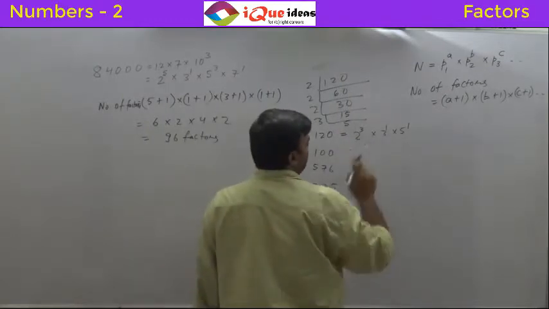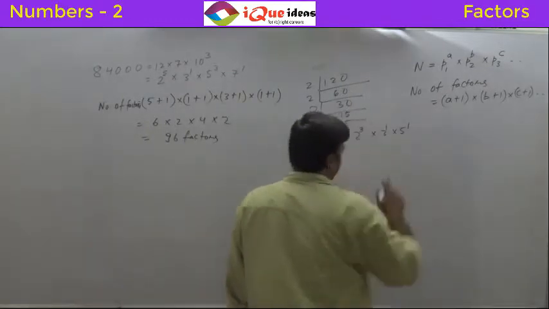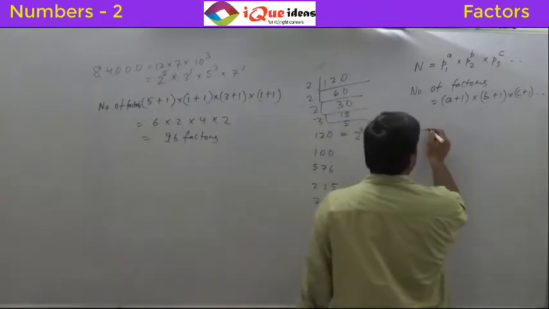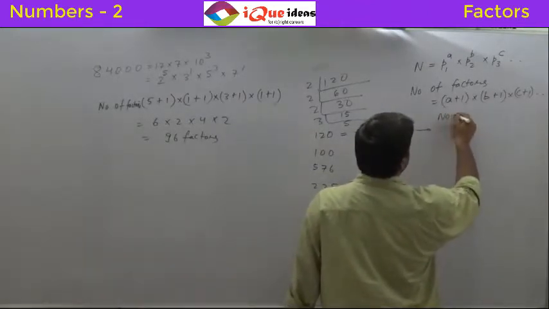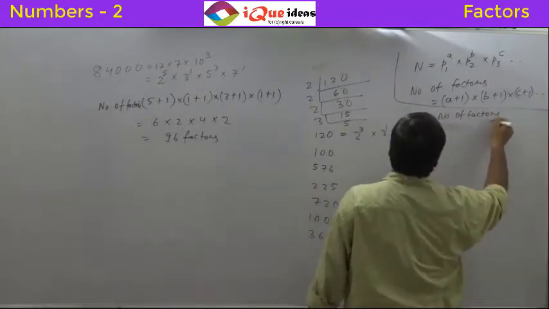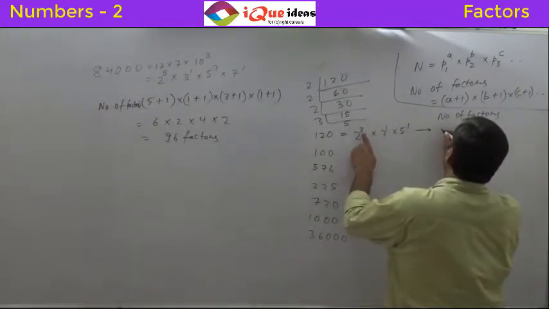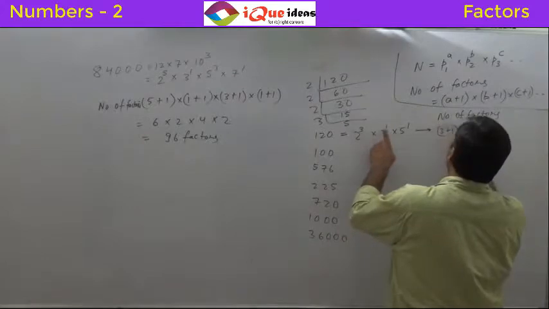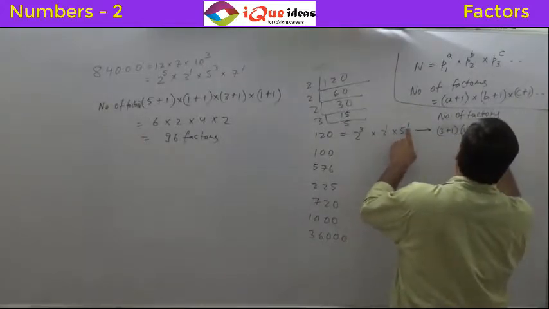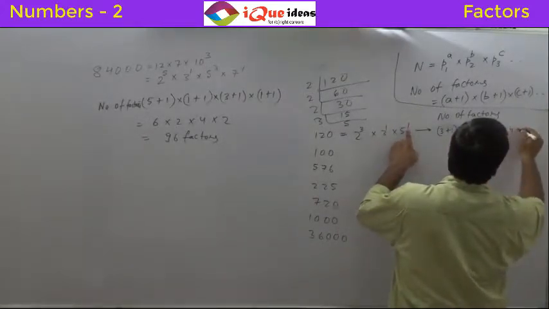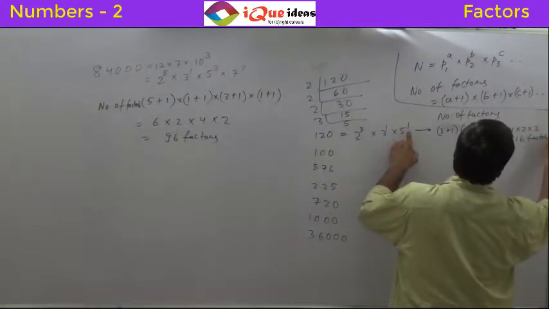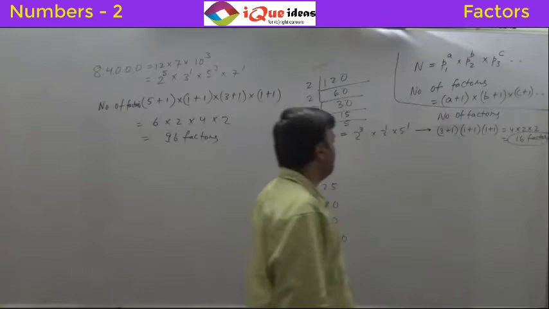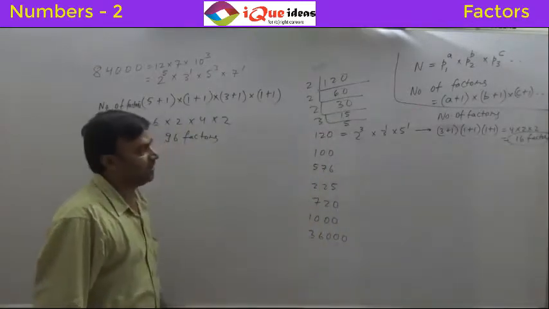So the number of factors for 120 will be powers 3 plus 1, then 1 plus 1, then 1 plus 1. So it is 4 into 2 into 2, which is 16 factors. You can again go back and check the factors of 120, there are 16 of them.